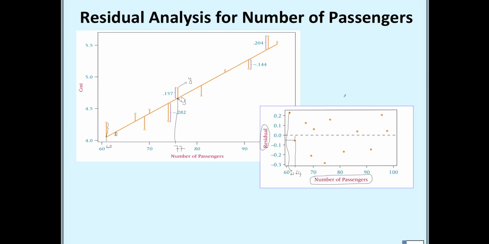So you always draw residuals on x variable, your independent variable. There are a couple of rules that should be apparent on your residual graphs. And that is very important. That's something you should always remember.